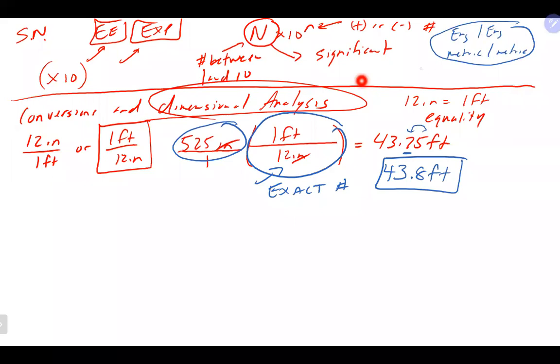But if you do cross over from metric to English, or obviously either way, you really should look at the value of the conversion factor in terms of determining significant figures. A couple of exceptions, like 1 inch is exactly 2.54 centimeters. That one you don't have to look at.